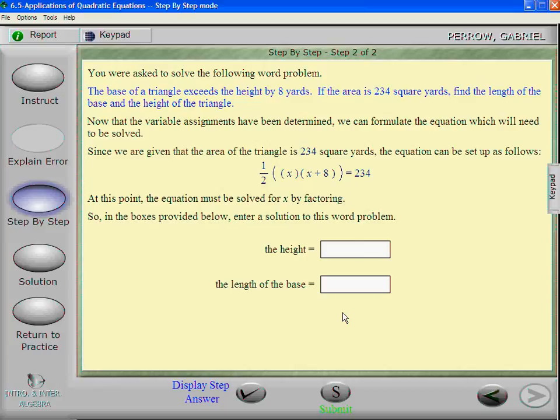If we subtract 468 from both sides, we'll end up with x squared plus 8x minus 468 equals 0. So the quest becomes finding a combination that's going to multiply to give us negative 468, but add up to 8 in the middle.